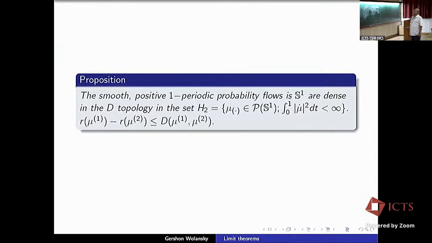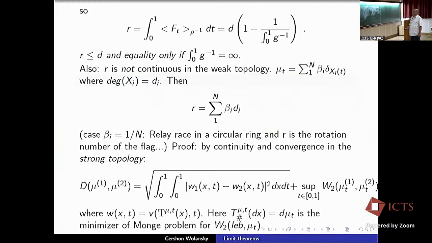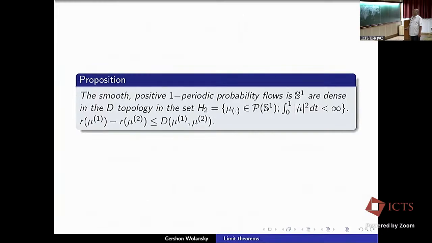So here is the proposition: the smooth one-periodic probability flows on S1 are dense in this D topology, in the set of all orbits whose metric derivative has a finite L2 norm.